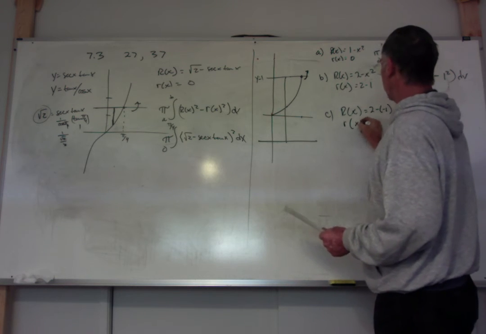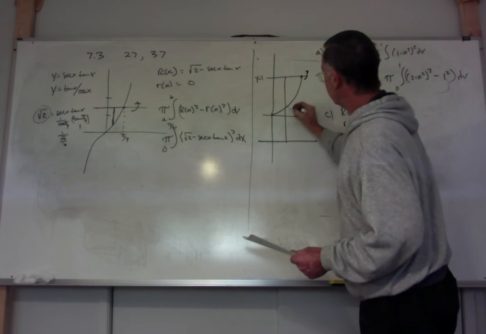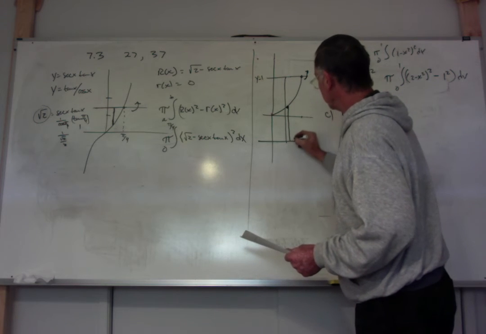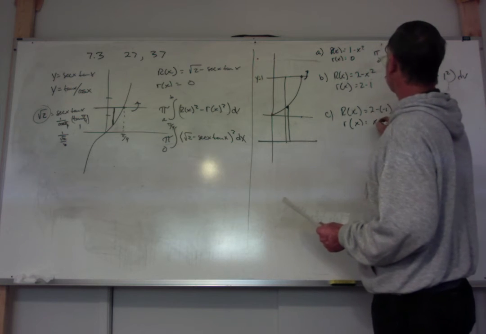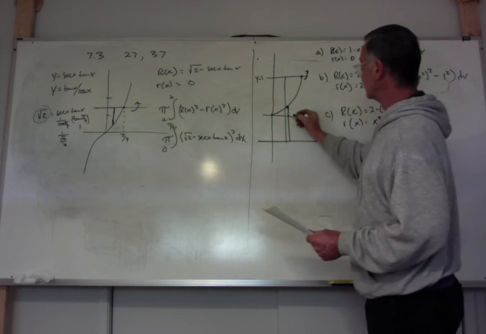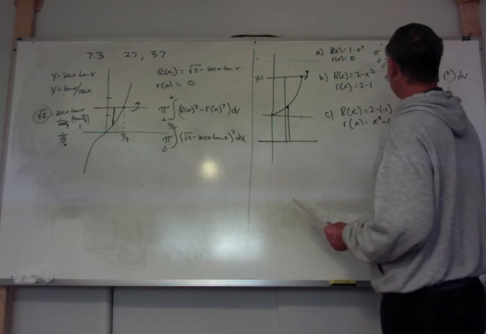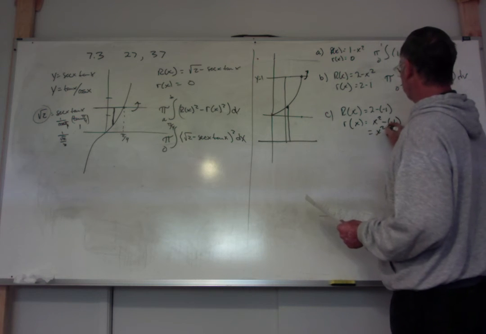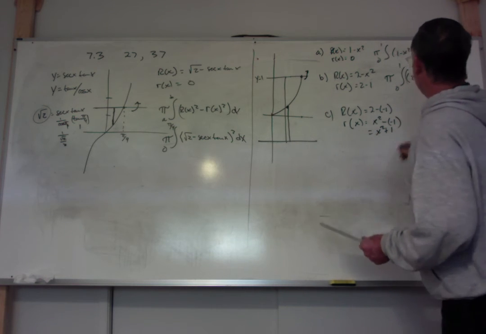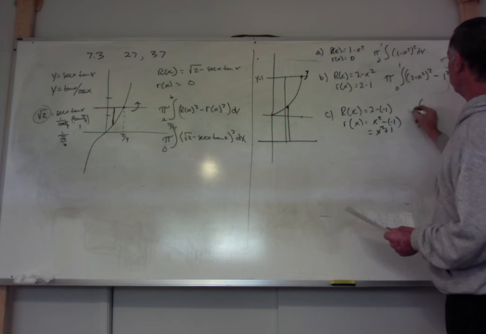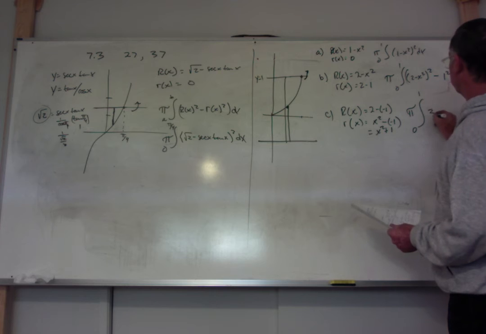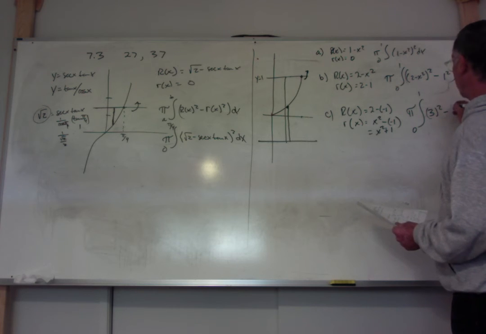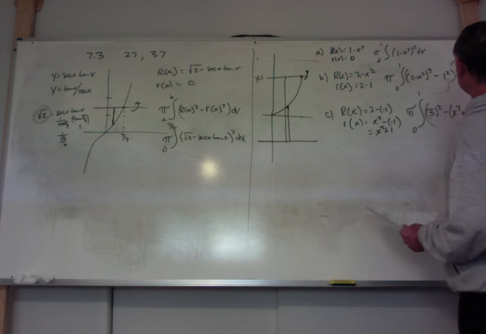And my little radius would be this distance from here to here, and that would be x squared minus negative 1, or x squared plus 1. And so this would end up being pi from 0 to 1 of 3 squared minus x squared plus 1, squared dx.